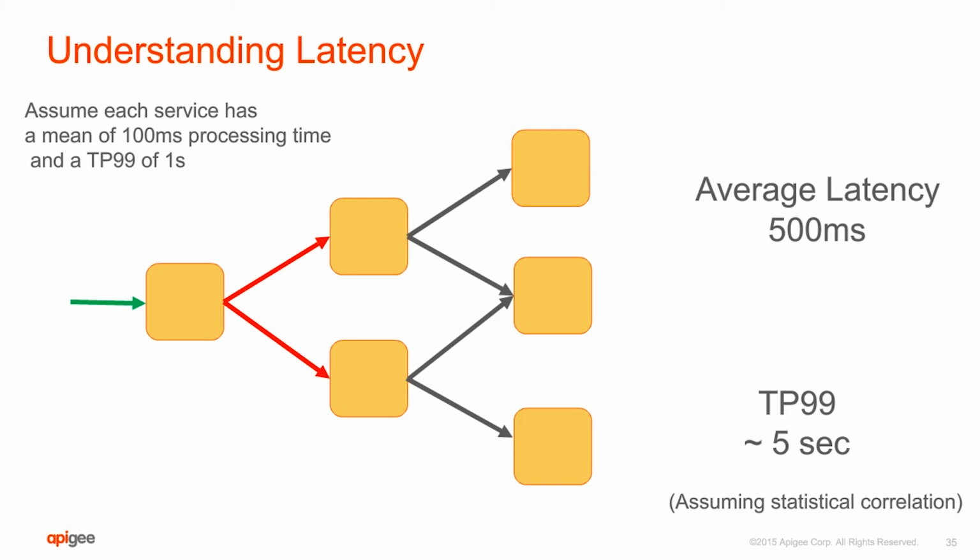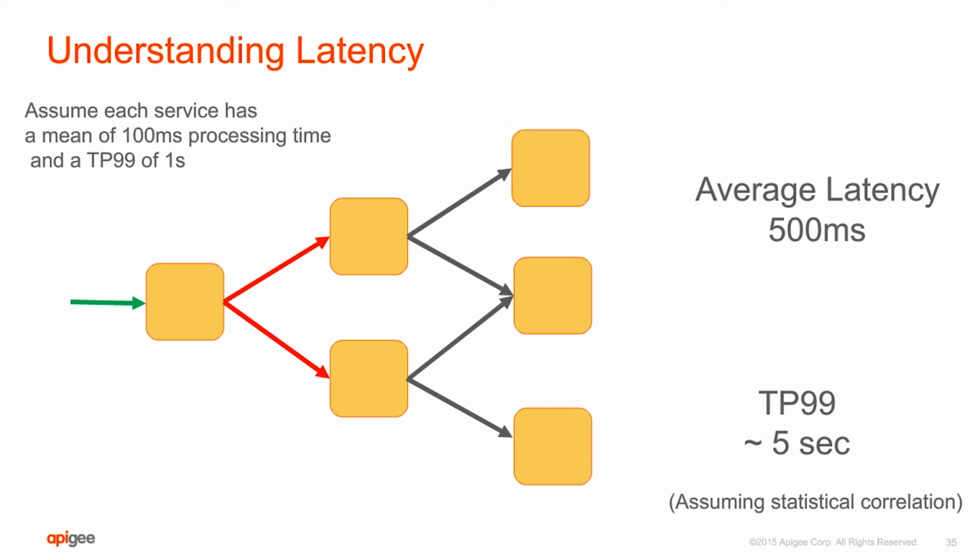But what's even harder, averages are great, but if you have a percentage, let's say the slowest 1% has a poor experience, that's really bad. And if you tell the COO or CIO, hey, 1% of your orders are going to take 5 seconds to place, he's going to go crazy, right?